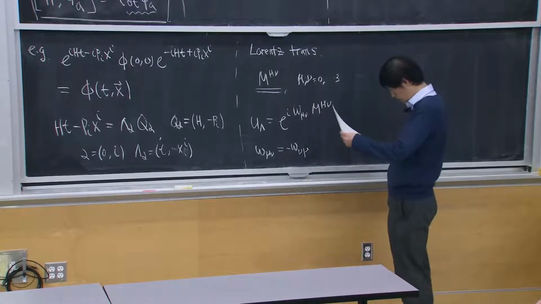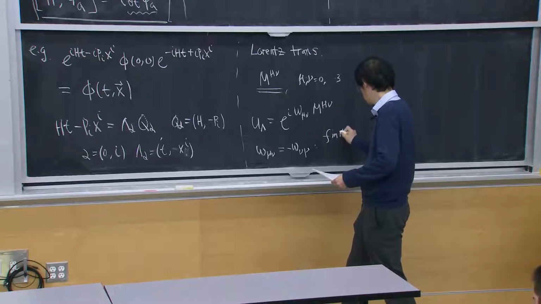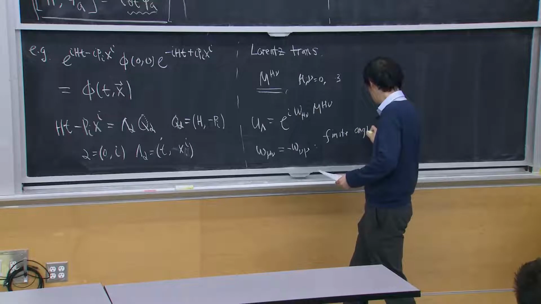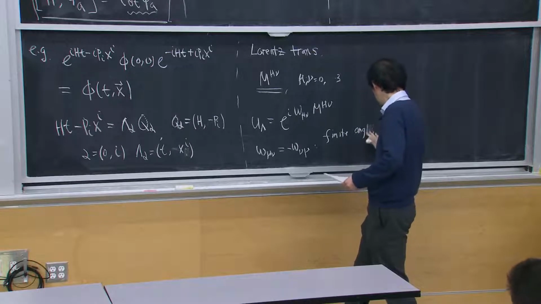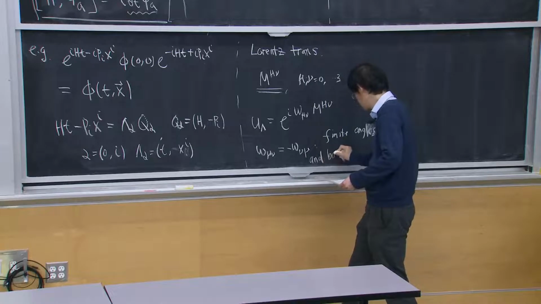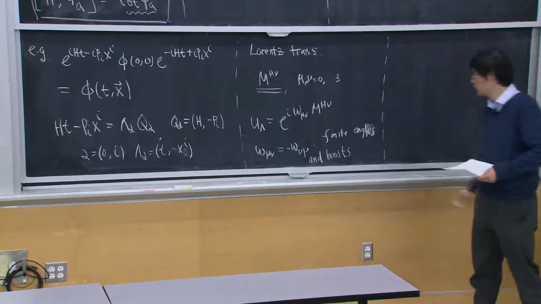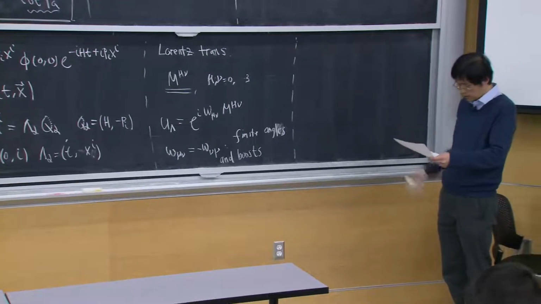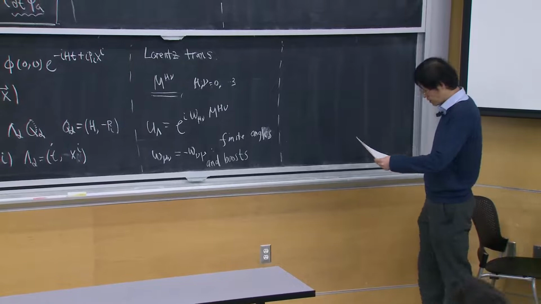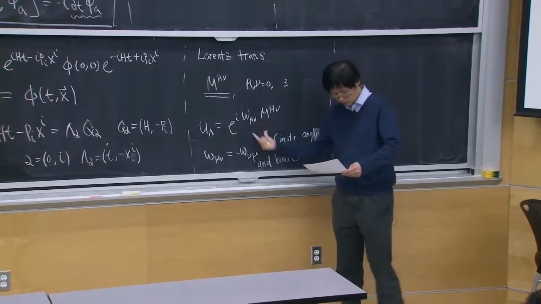And so they are finite angles. No, sorry, not finite angles. Finite angles and boost. So essentially they give the parameters for the finite rotation angles and the boost, and that generates a Lorentz transformation.